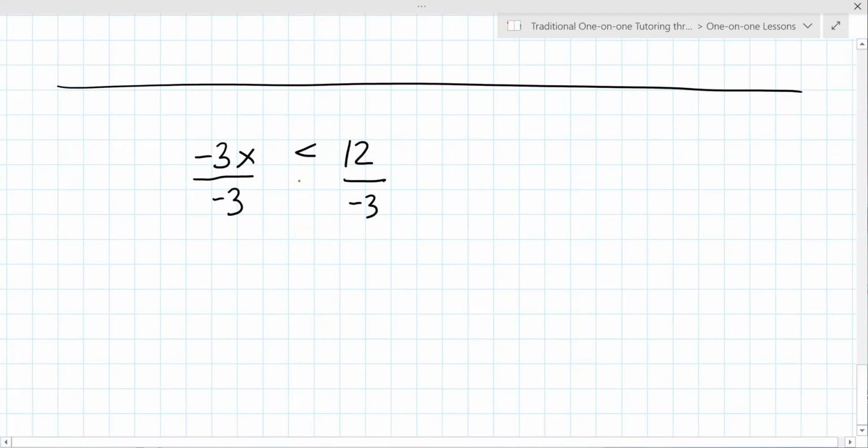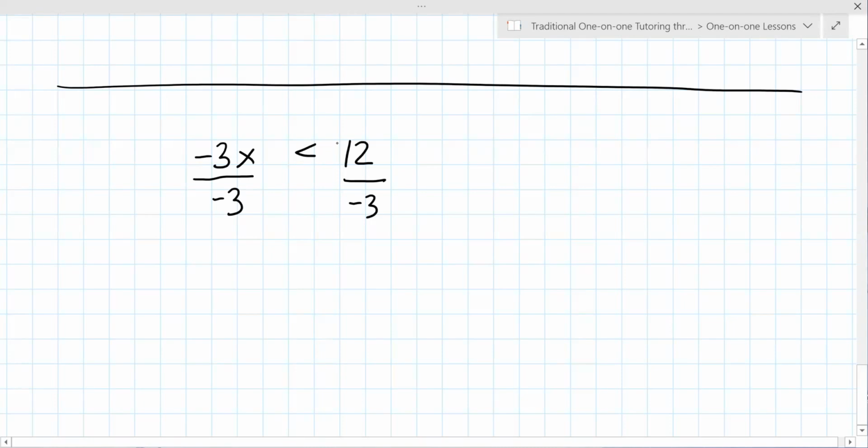Right now you're supposed to divide, and then you're supposed to make this inequality into less than. It's already less than.